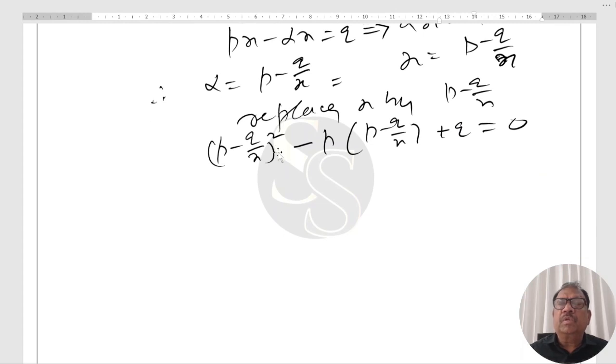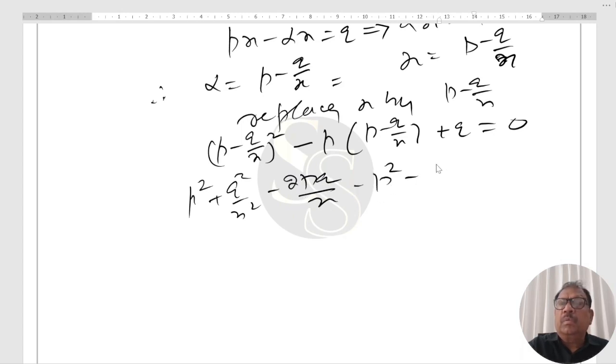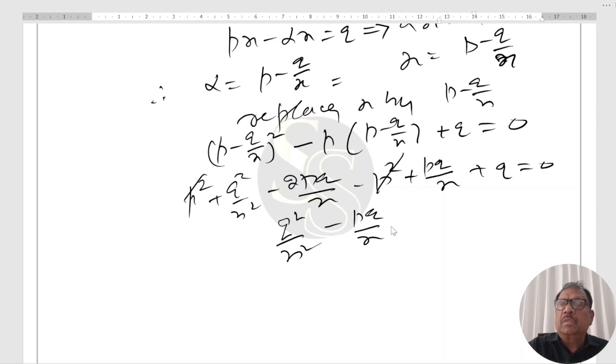On further simplification, p square plus q square by x square minus twice pq by x minus p square plus pq by x plus q equal to 0. This goes to q square by x square minus pq by x plus q equal to 0.